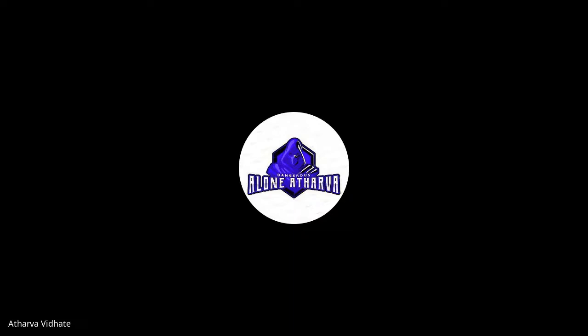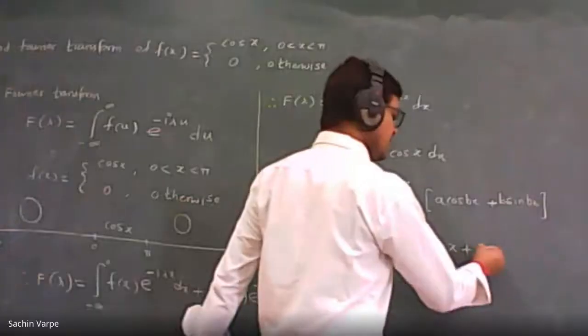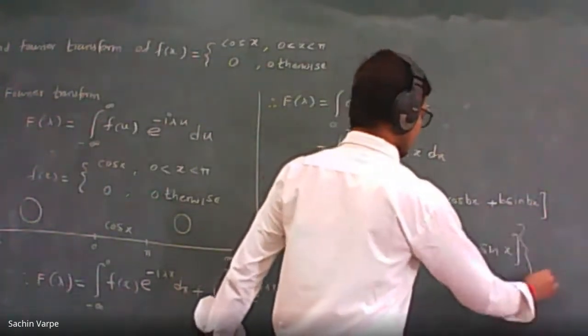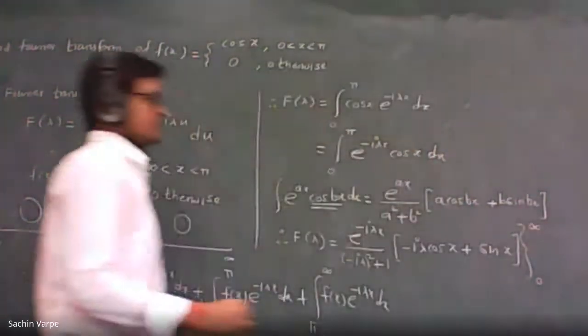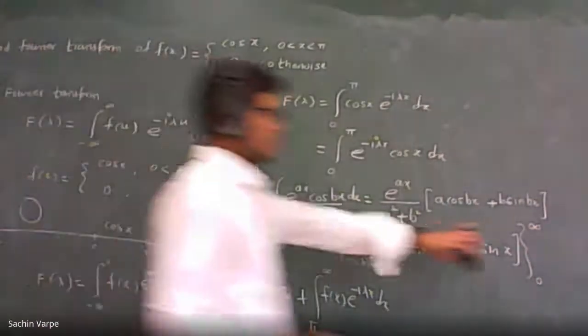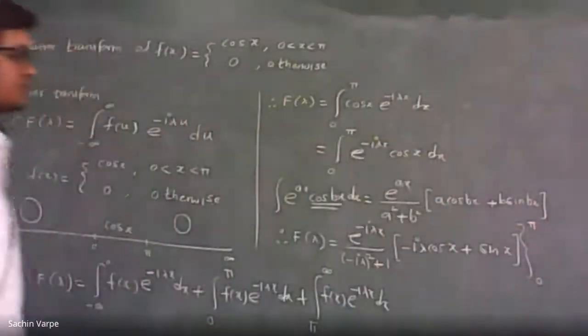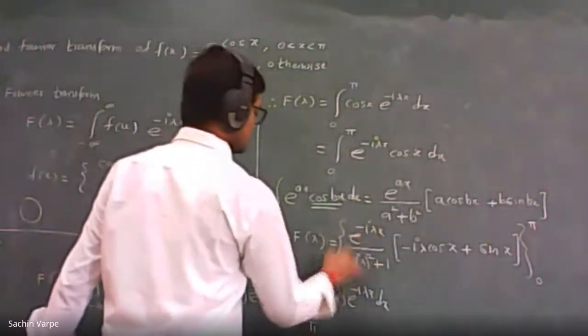So e to the power minus i lambda x upon minus i lambda whole square, a square plus b square, 1 square, into a, that is minus i lambda cos bx plus b sine bx, that is x, and this whole from 0 to pi, not infinity, 0 to pi. Now substitute upper and lower limits.